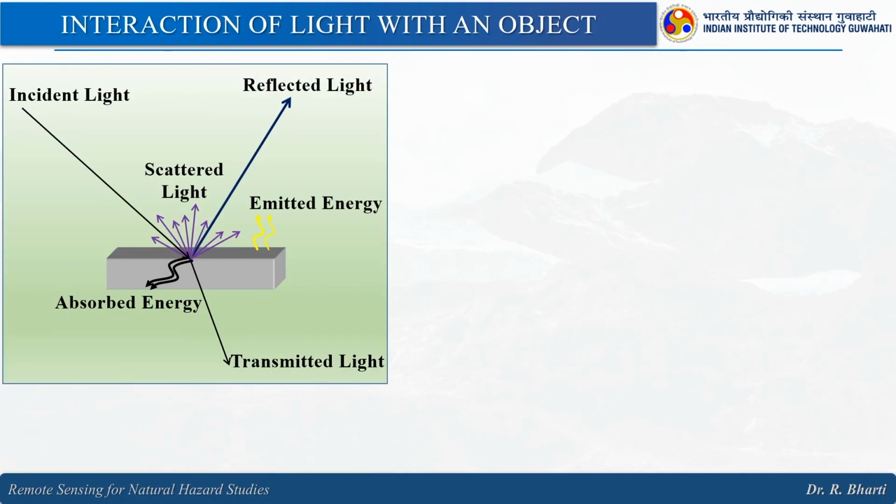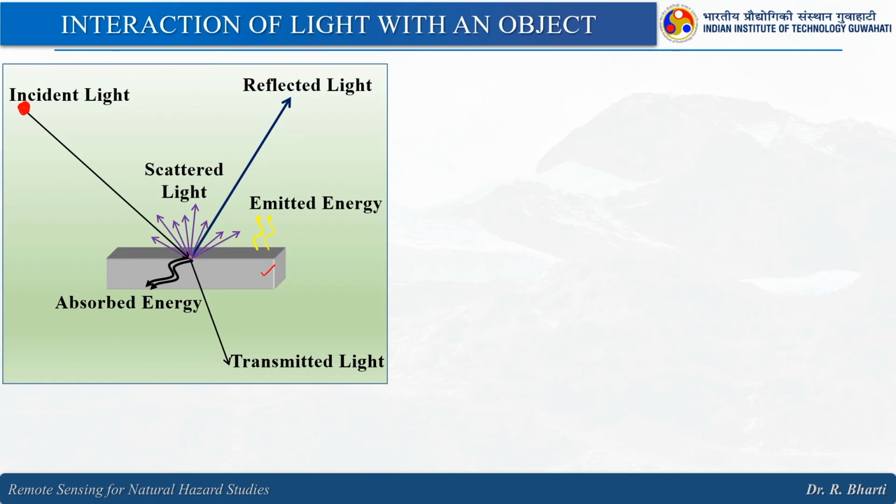So, it is very important that when we are using this electromagnetic spectrum to gather information about the target, we need to understand how the light interacts with the object. Your source can be anything. It can be a man-made source or it can be the sun. So, let us assume this is solar energy which is falling on a particular object.